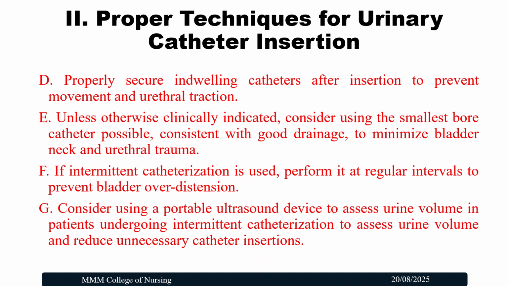And if intermittent catheterization is used, perform it at regular intervals to prevent bladder overdistension. Then consider using a portable ultrasound device to assess urine volume in patients undergoing intermittent catheterization, to reduce unnecessary catheter insertion.